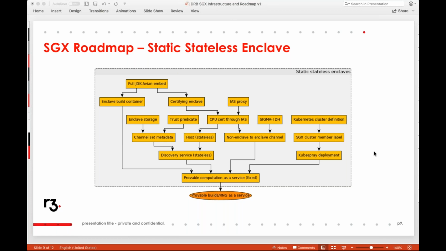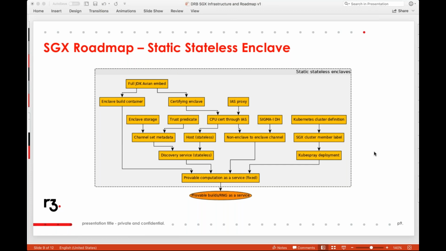Can we start with something where, if you run your Corda node on a host that has SGX, you can start to benefit? Or can we ship the JVM as an independent component, a static stateless enclave where you link code in, and start to use it earlier for use cases like aggregation of statistics, right?